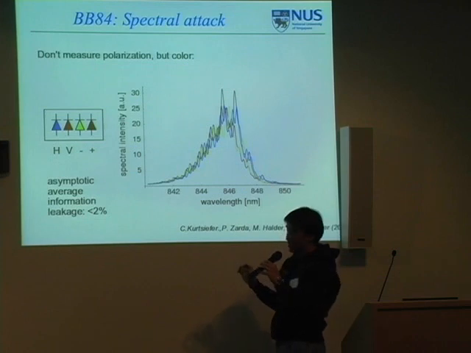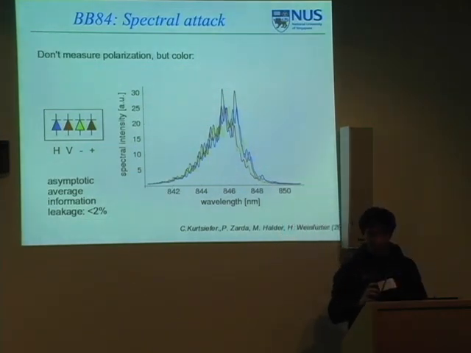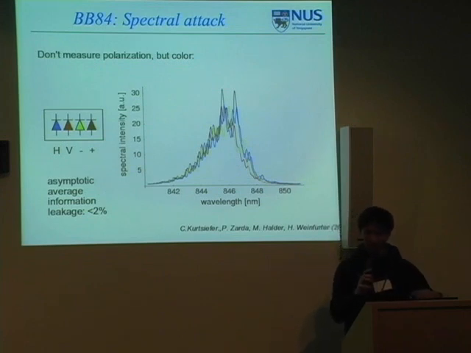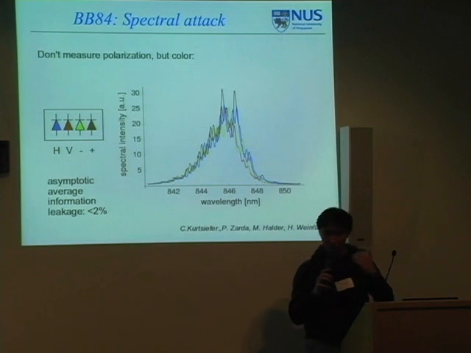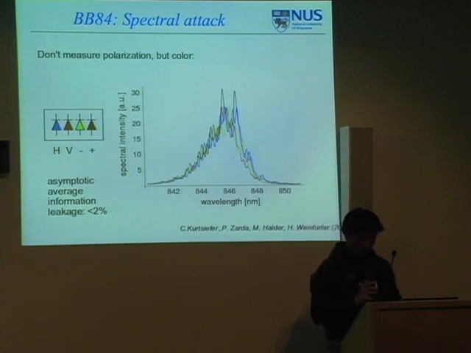So you could imagine an attack where the eavesdropper doesn't try to measure the polarization state, but simply sends the single photons that Alice is sending to Bob into a spectrometer. Then just by seeing where that photon lands in the spectrometer, she can actually tell what the polarization state of the photon was.